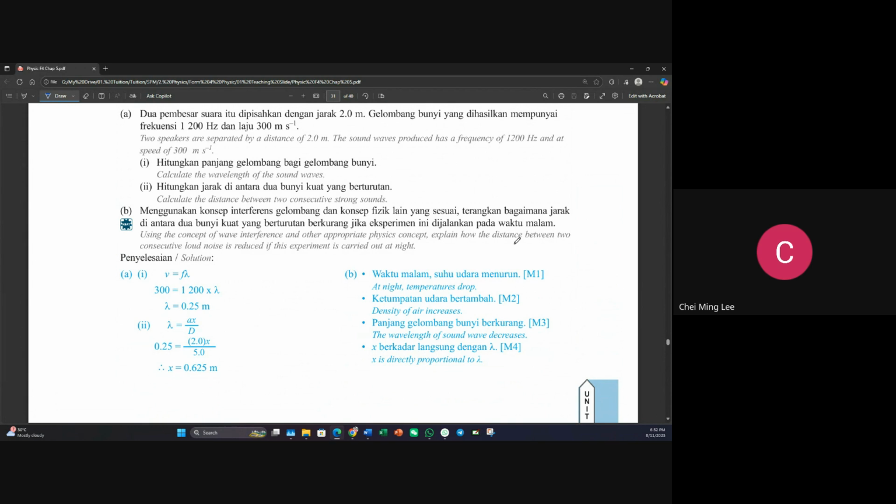When density increases, your wavelength decreases, because x is directly proportional to lambda. So when lambda decreases, x decreases, and the distance between the loud noises decreases.